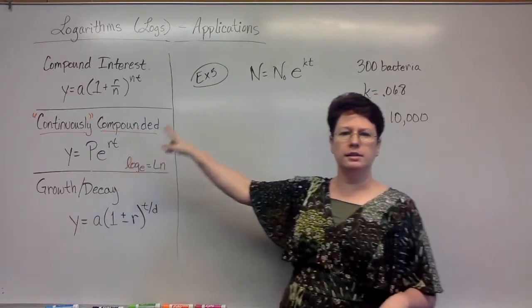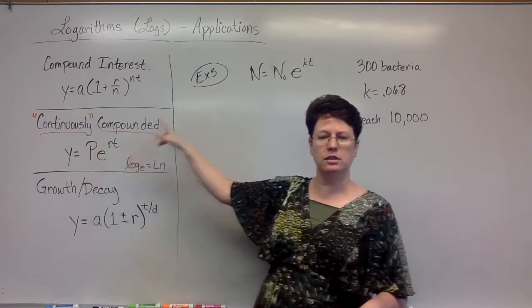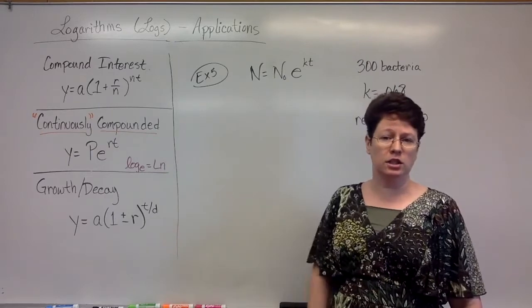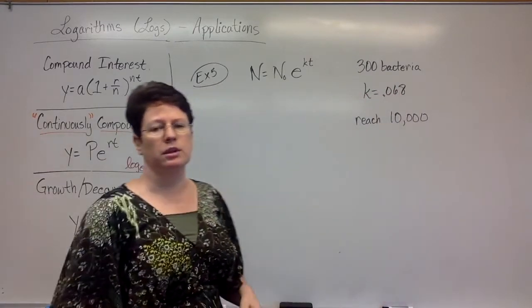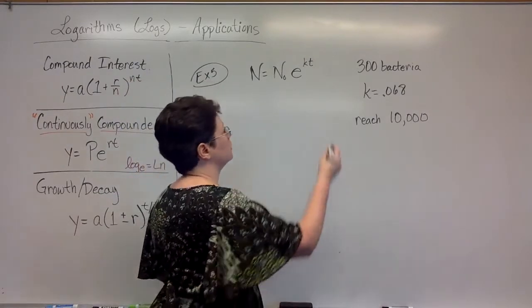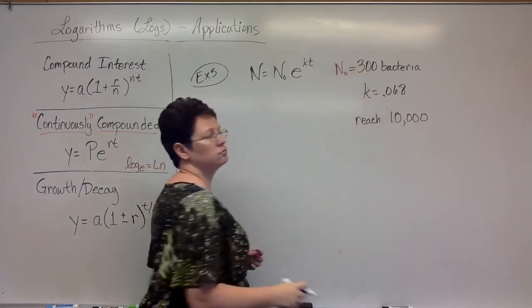Yeah. All they did was change the letters. It's the exact same equation as continuously compounded. Only they're using it for bacteria, so they changed the letters up. No big deal. So let's look at what we started with. They told us we start with 300 bacteria. So my 300, that's what I'm going to plug in for N naught.